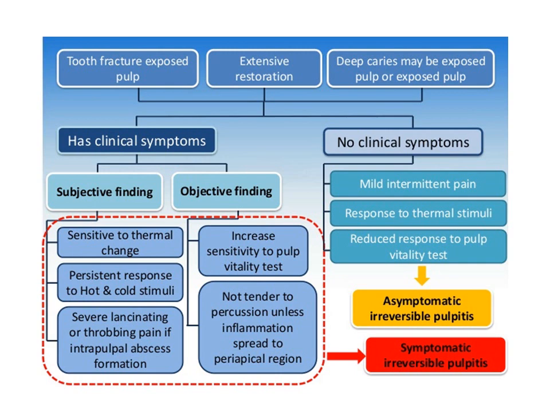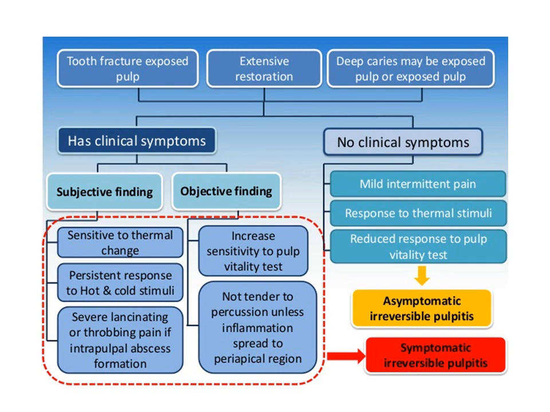If I have no clinical symptoms, mild intermittent pain that comes and goes, or response to thermal stimuli, and reduced response to the vitality test, this is asymptomatic irreversible pulpitis.